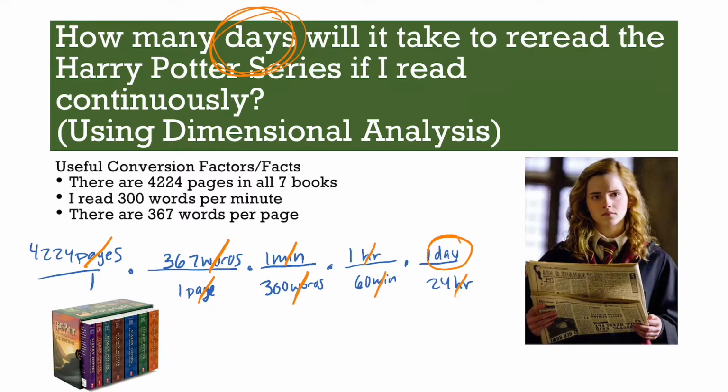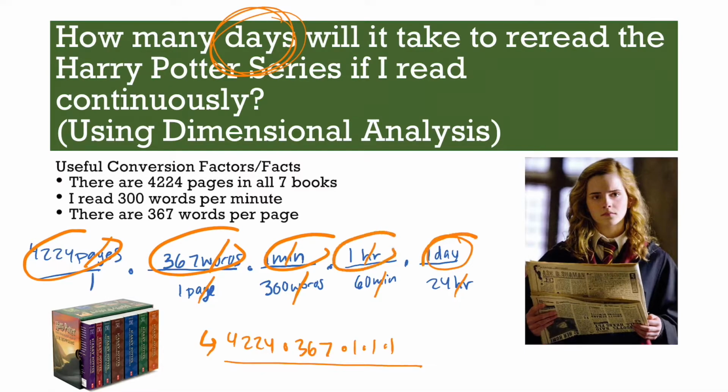Moving forward, you're left with 4,224 times 367 times 1 times 1 times 1 over 1 times 1 times 300 times 60 times 24. To get here, all I did was take the top numbers and multiply them together, then divide that by the bottom numbers.